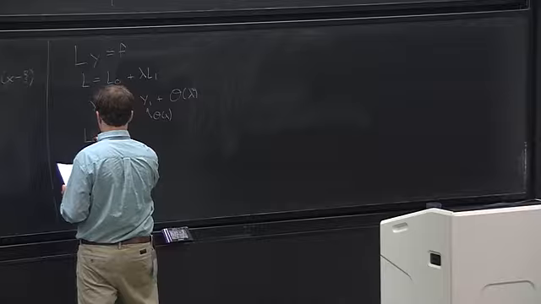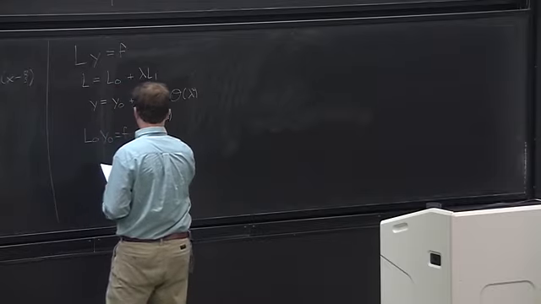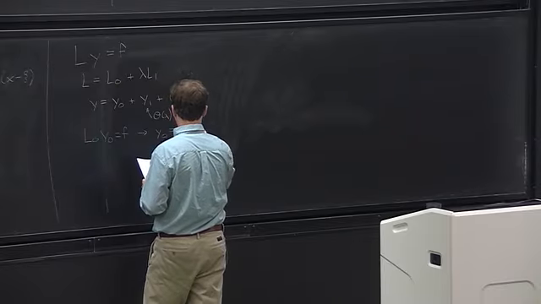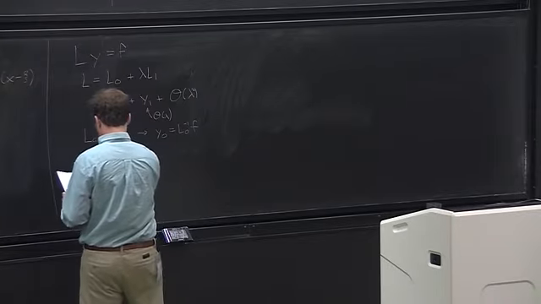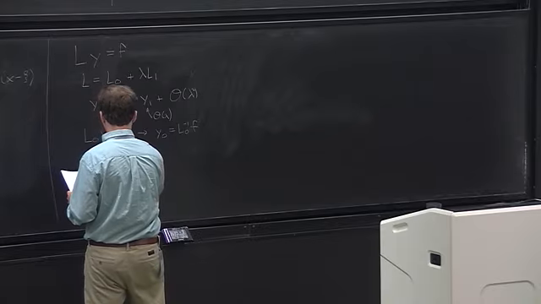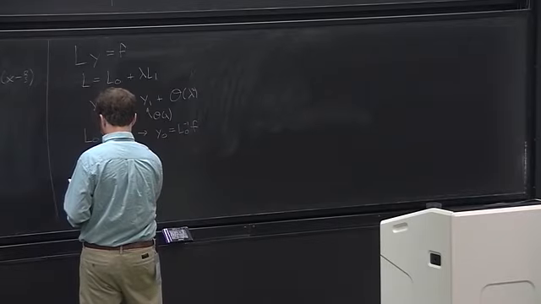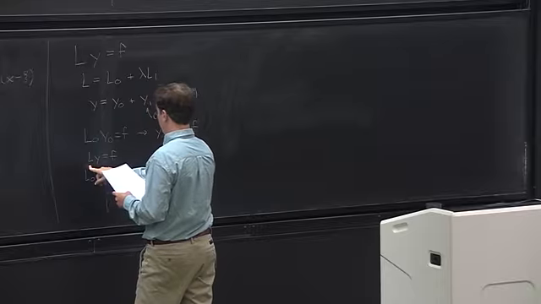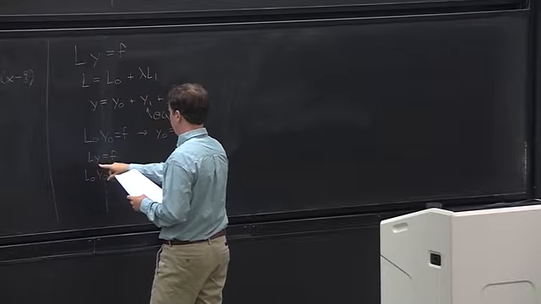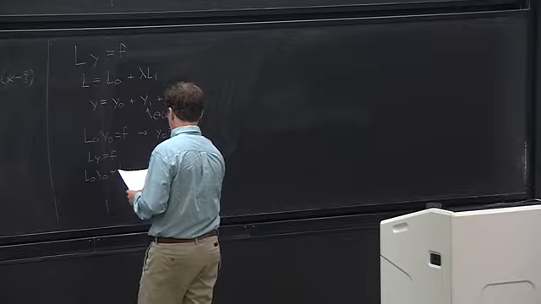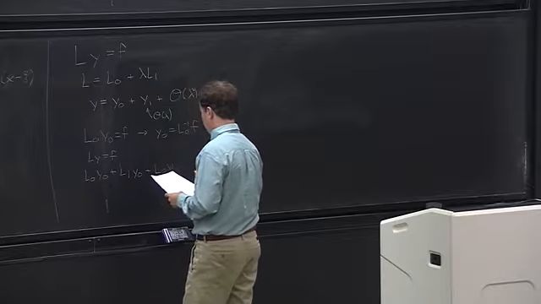So at 0th order, we want to solve L naught y naught equals f. The solution, which we'll assume we can find, is y naught equals L naught inverse f. If we want to go to next order, L y equals f becomes L naught y naught plus a first order term in L and 0th order term in y, or a 0th order term in L and a first order term in y.